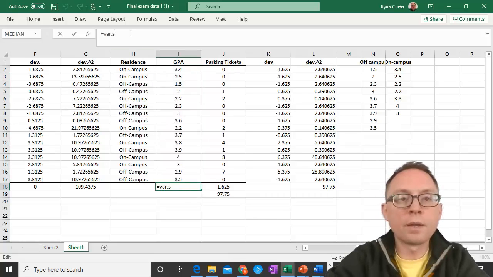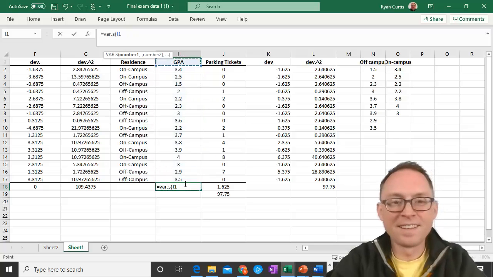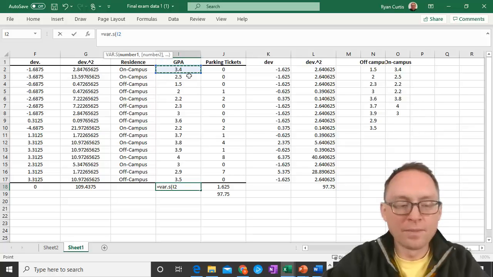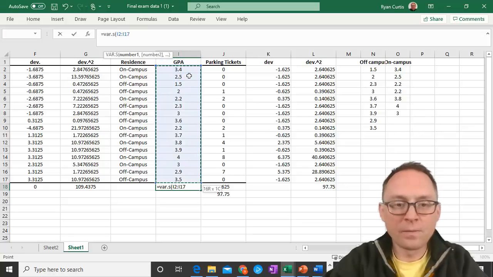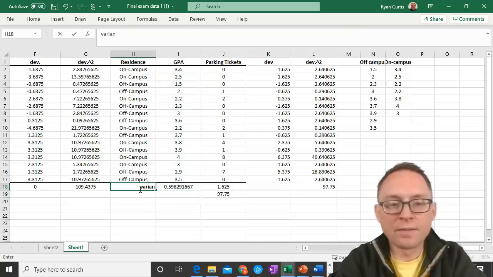I messed it up. VAR.S. I need the parentheses in there. Try this again. I keep messing up on the way I'm clicking. There it is. This is the variance.